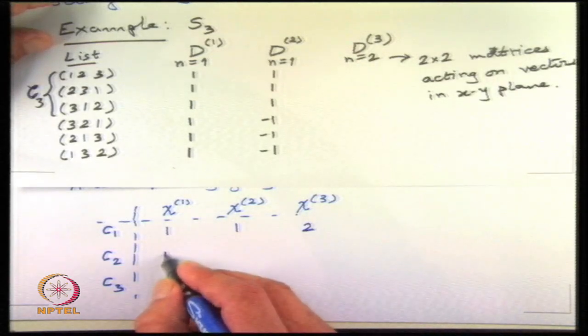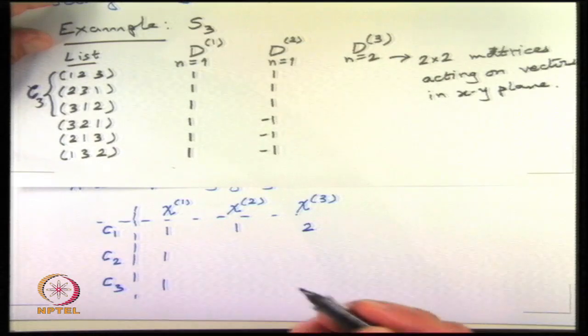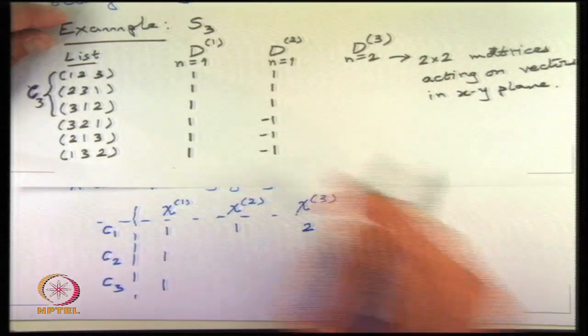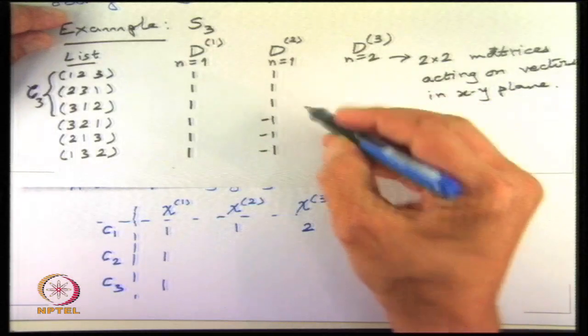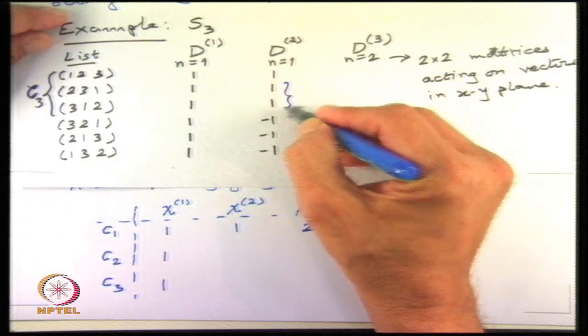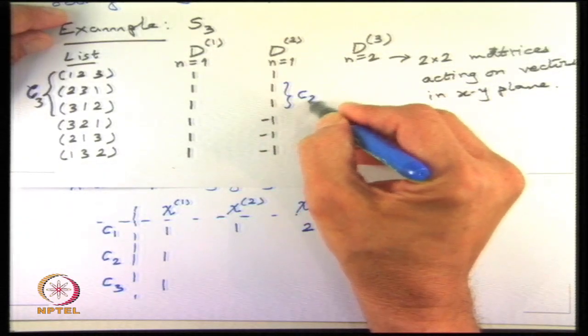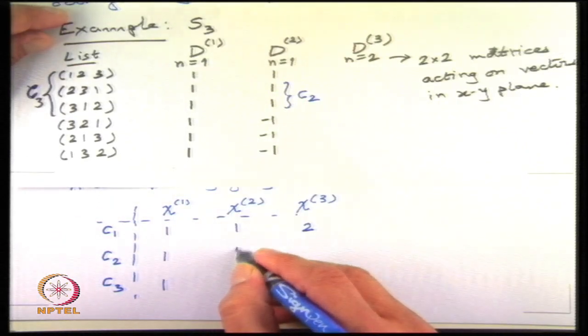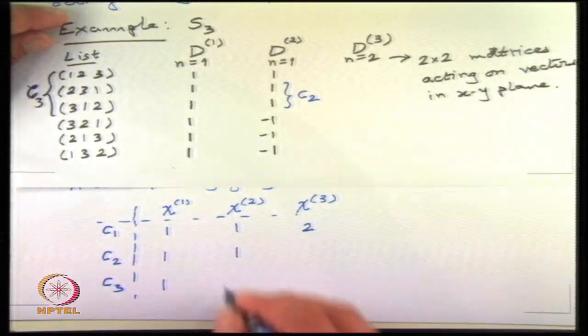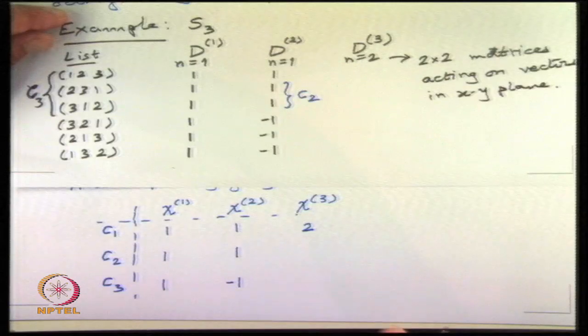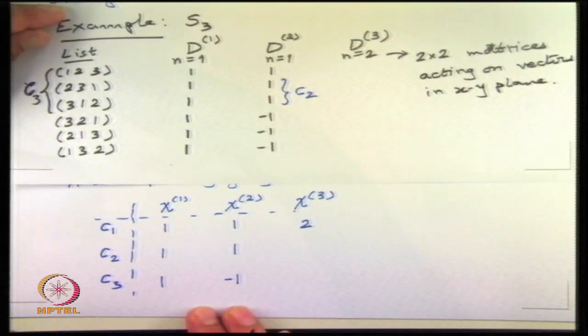Then this remains 1 and 1 boringly, nothing changes. And here for these we see that these two which form the class C2 both have character just 1 and this has character -1. This conjugacy class has character -1, the one of improper rotations.